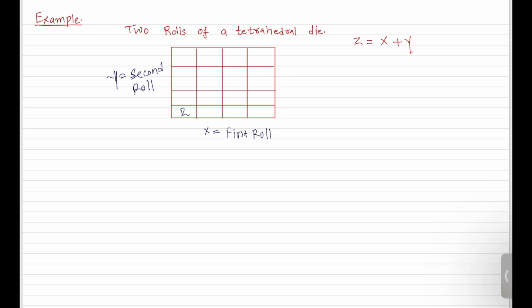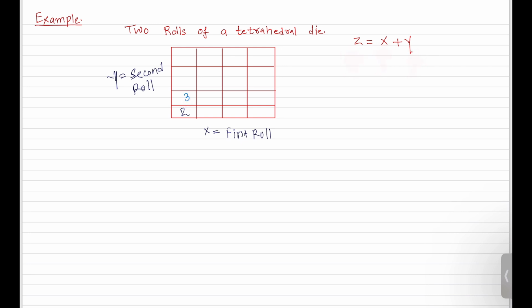Again, maybe we carry out the experiment and we get 1 on the first roll and 2 on the second roll. So x has got 1, y has got 2. What will be the value that random variable z will take?